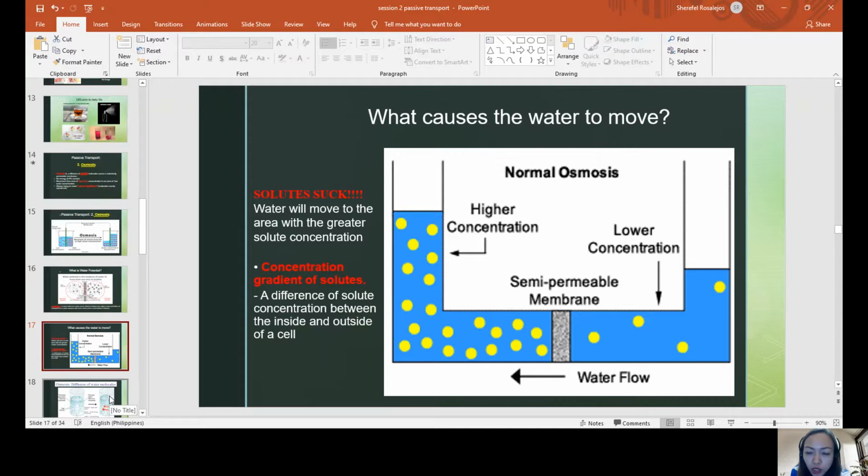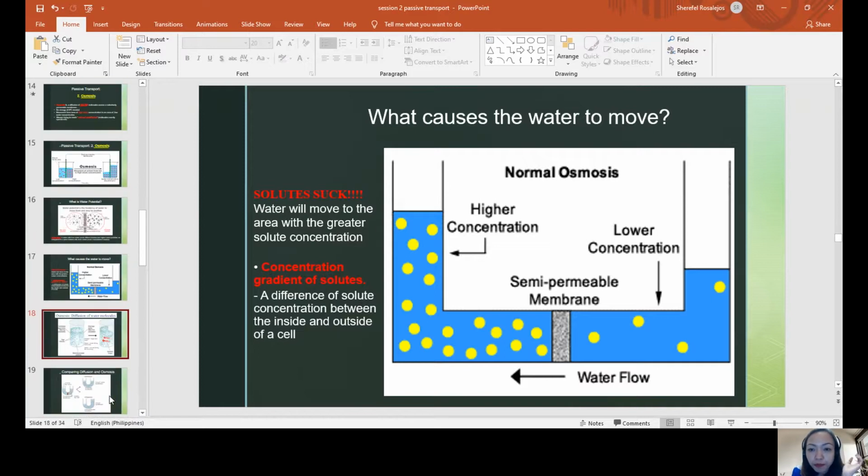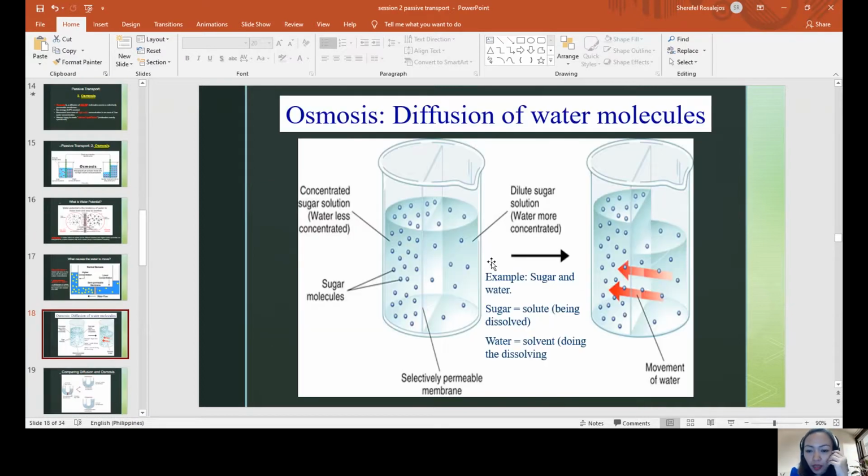If we are going to compare diffusion versus osmosis, always remember, okay. Example, in this diagram, you can see this beaker on the left region, there are plenty of sugar molecules, right? So concentrated, its concentration gradient is high on the left.